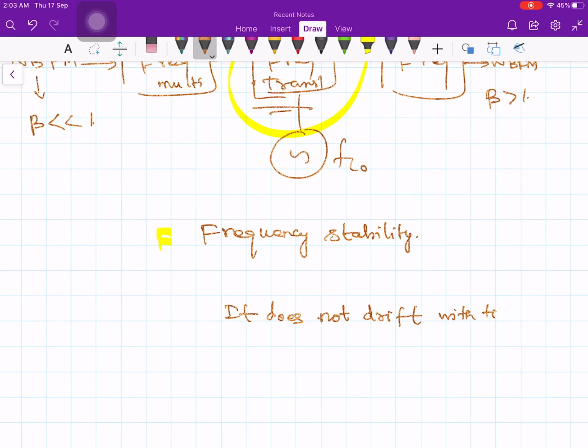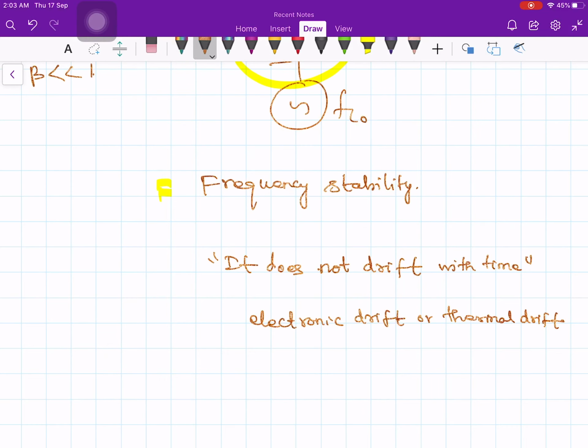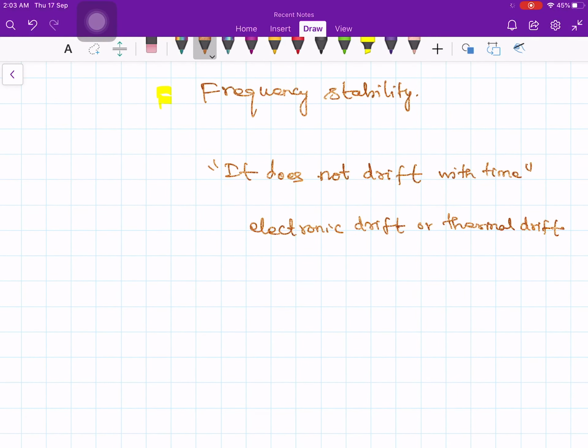That's what we mean by frequency stability. All electronic components are subject to electronic drift, or thermal drift. Because of temperature variations, there can be variations in the properties of the circuit.